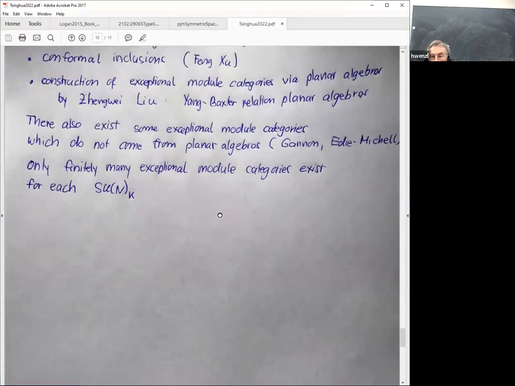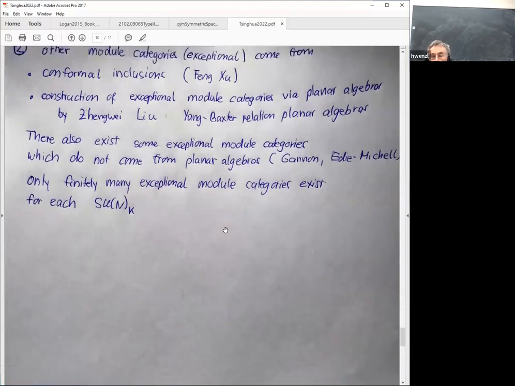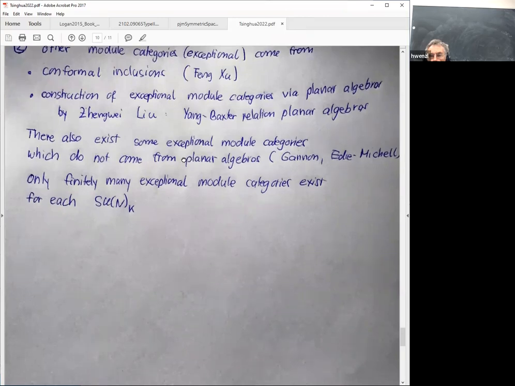So finally, there also exist some other exceptional module categories which don't seem to come from conformal inclusions or planar algebra, at least not so far known. I think I probably wanted to write conformal inclusions instead of planar algebra. So sorry, that's a misprint.